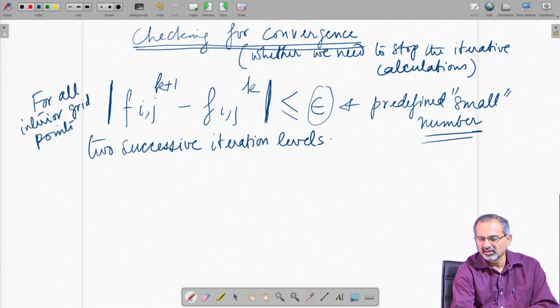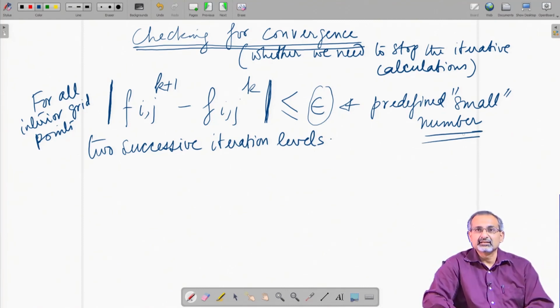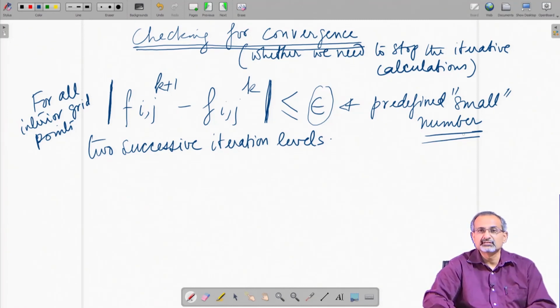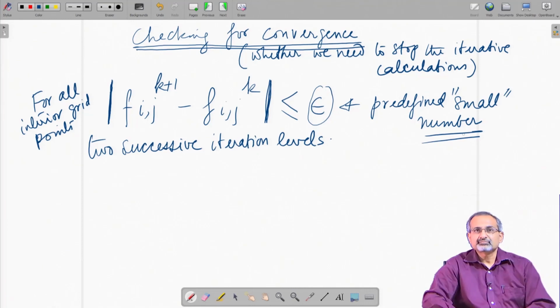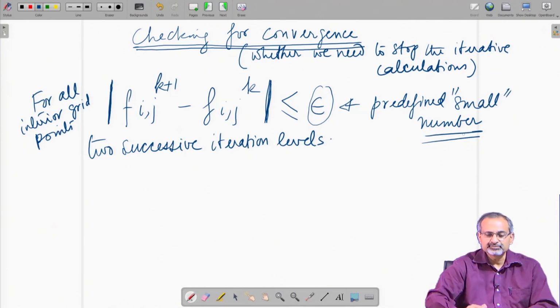Now, this small number is rather difficult to state in general for all kinds of problems. So, we have to be careful in choosing this small number, so that it is neither too small nor trivially large, so that we have the iterations terminating without too restrictive a condition for convergence or too weak a convergence criterion.